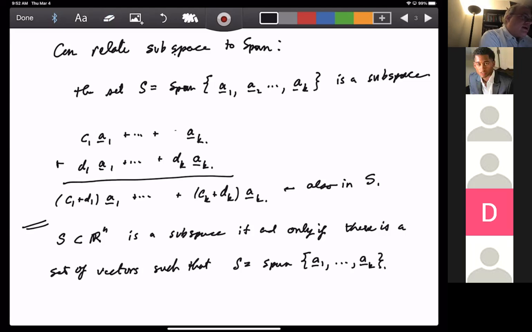So a span of a set of vectors gives you a subspace. If you have something that's a subspace, you know you can write that as a span of some group of vectors.